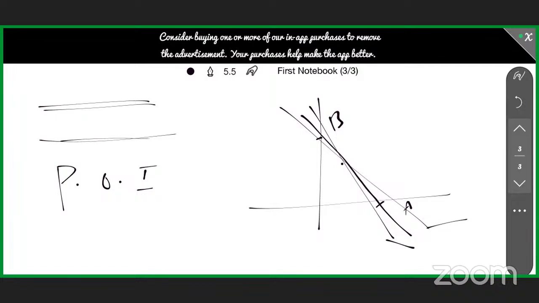Minus 2/3. Minus? 2/3. No, wrong. Plus, take two of this one. Simplify the equation to parallel form.